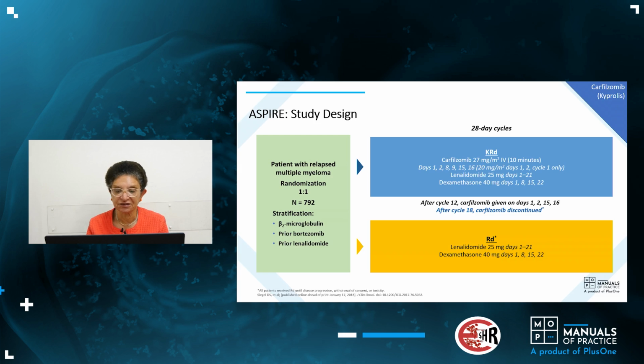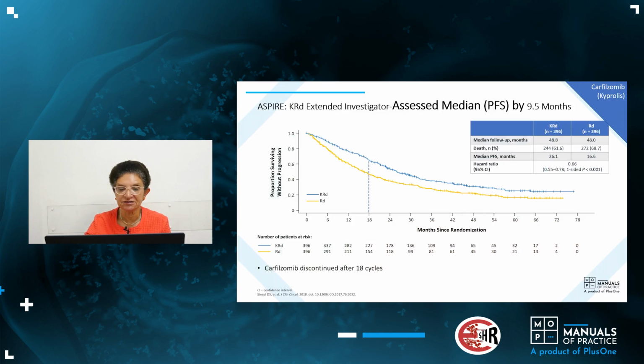Look at the ASPIRE study. They compared Revlimid Dexa versus Revlimid Dexa plus Kyprolis or carfilzomib. And as you can see here, carfilzomib was used in the 27 milligram per meter squared dose, and it was given for only 18 cycles, after which it was discontinued. Let us look at what happened in these cases.